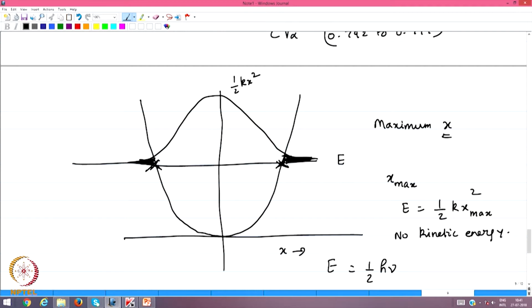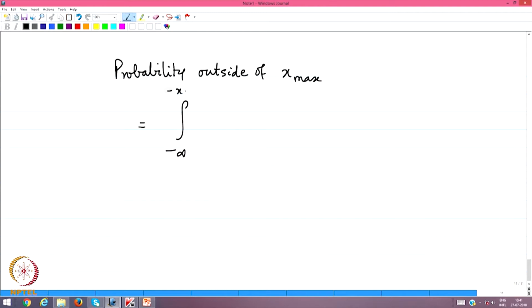This is what is called the tunneling probability, and it's a straightforward answer to write, because once you know what the x max is, the probability outside of x max is the integral from minus infinity to x max of alpha by pi to the 1 by 2, e to the minus alpha x squared dx, plus the integral from x max to plus infinity of alpha by pi to the 1 by 2, e to the minus alpha x square dx.